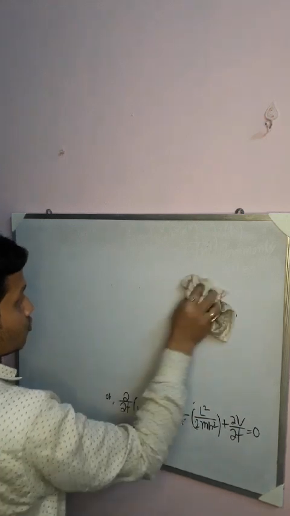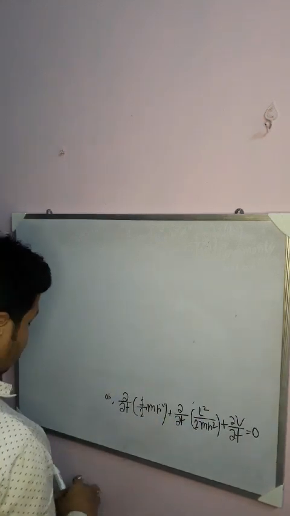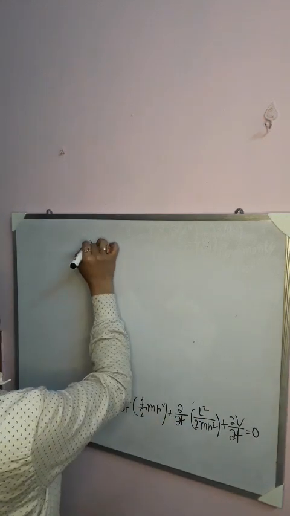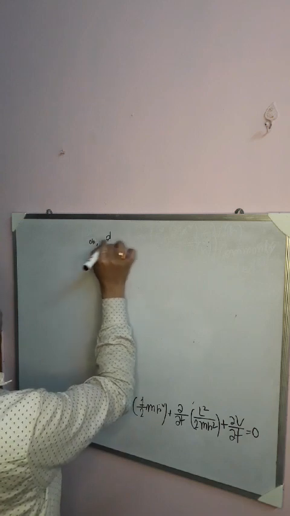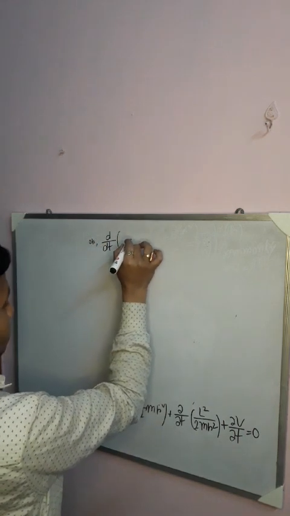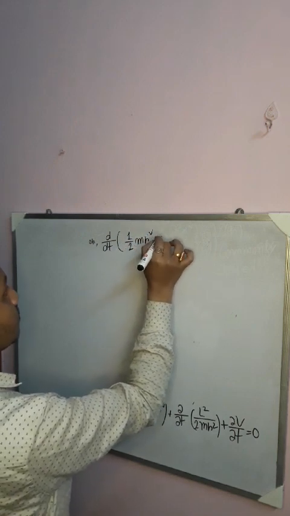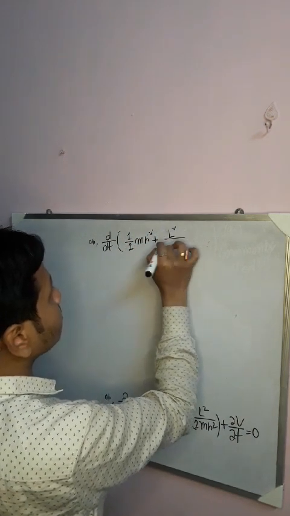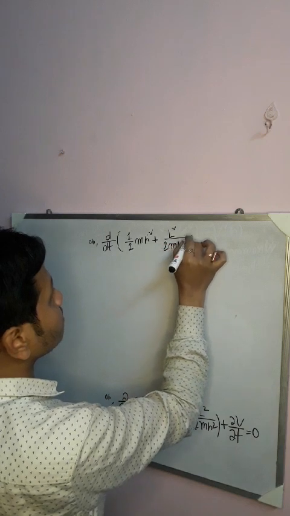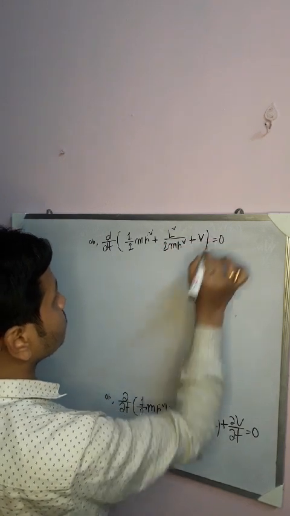If we do one more step, I can also write d dt once: d dt of half m r dot square plus L square by 2 m r square plus V equals 0.